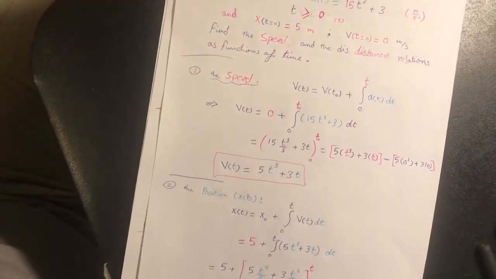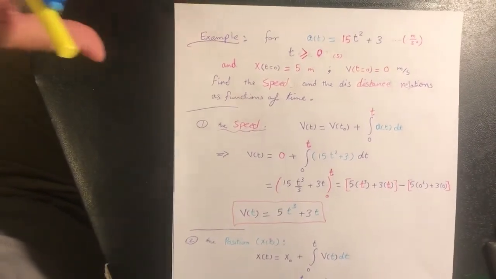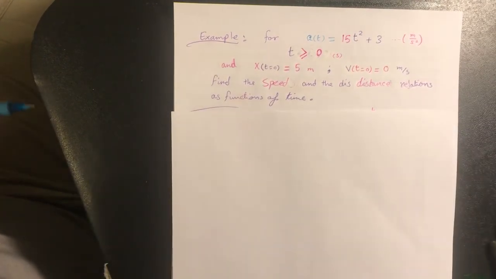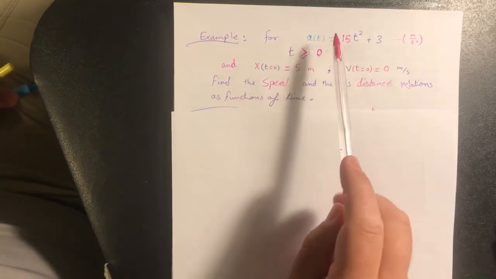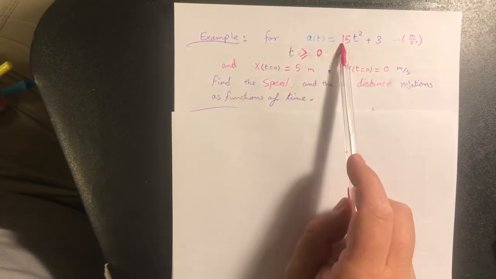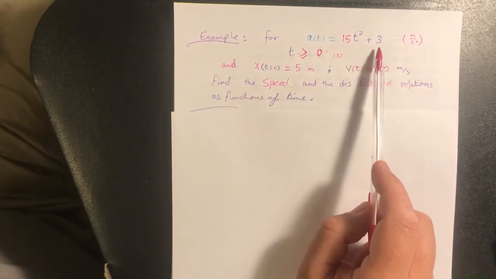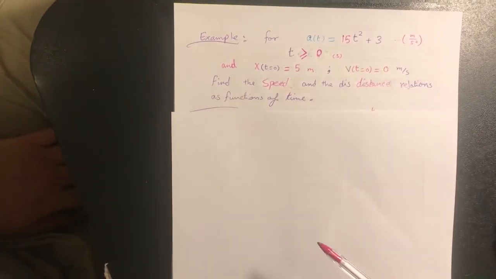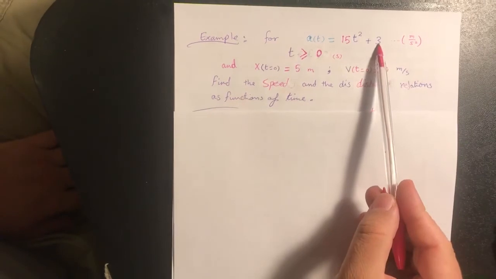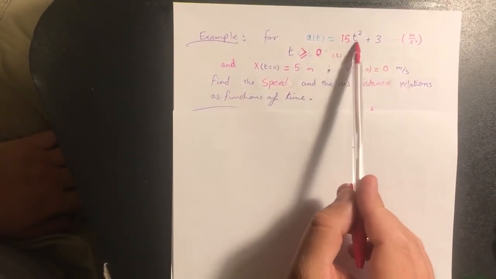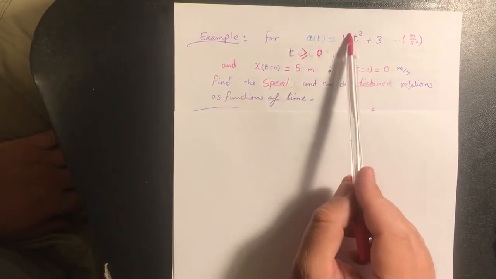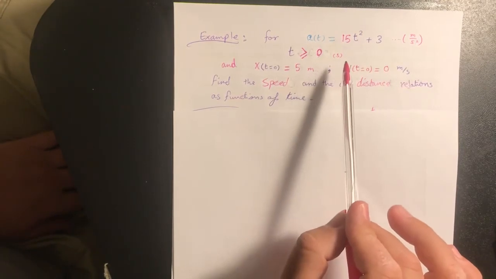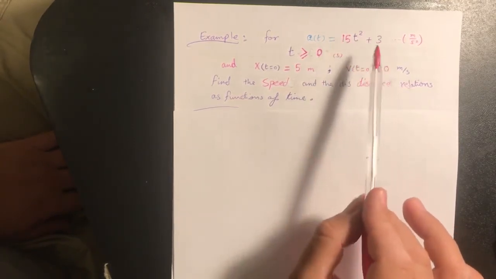Now, let us look at this simple example. If we have the acceleration as a function of time, a equals 15 t squared plus 3. The unit is meter per square second. It is acceleration. So 3 is acceleration, 15 t squared, all of it is acceleration. Each term is acceleration, so the dimensionality should be verified.